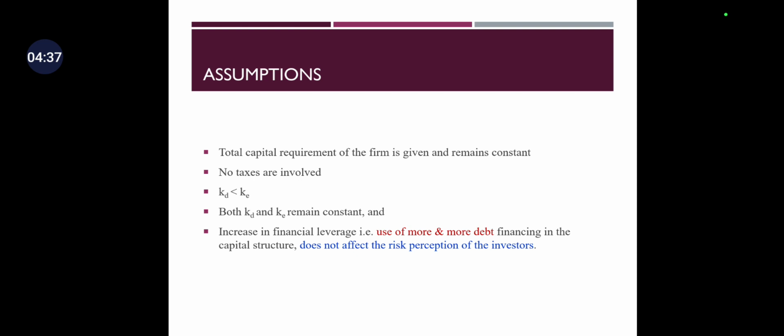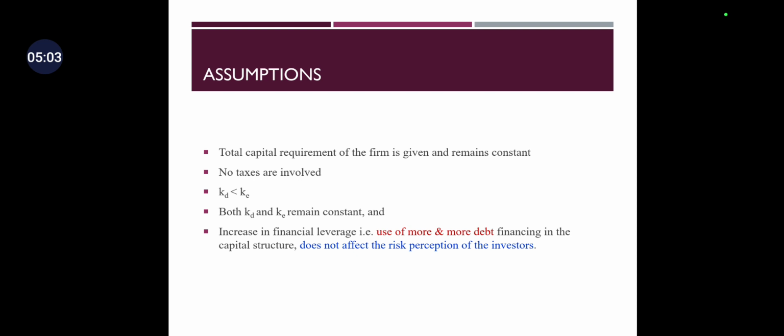Whatever your capital structure decisions, the cost of debt and the cost of equity will never change. Whenever you are using debt content, it doesn't change the risk perception of your investors. That's why it remains constant.